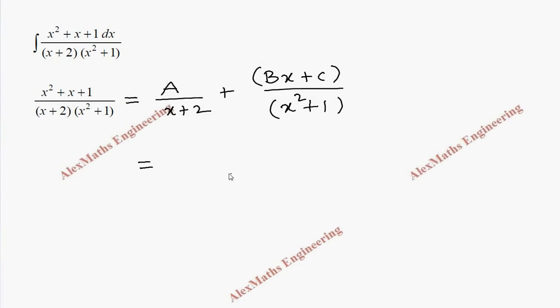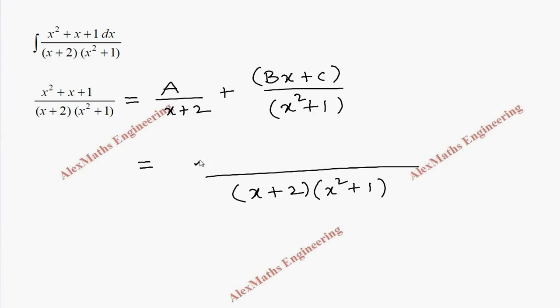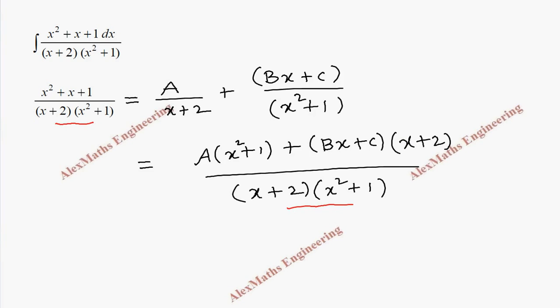The LCM is nothing but x plus 2 into x square plus 1, and a into x square plus 1 plus bx plus c into x plus 2. We find the same denominator, so we are going to equate the numerator on both sides.